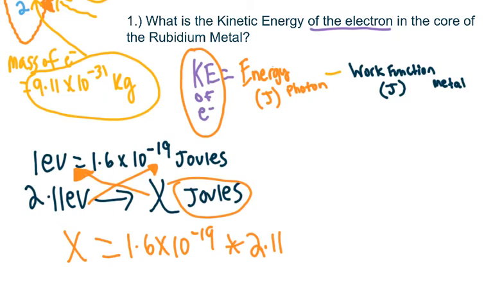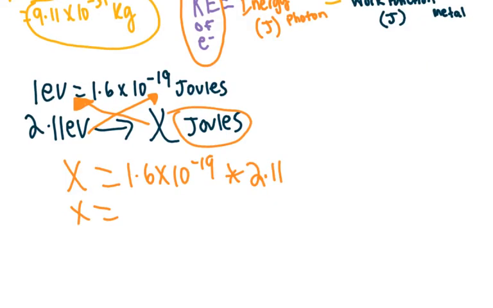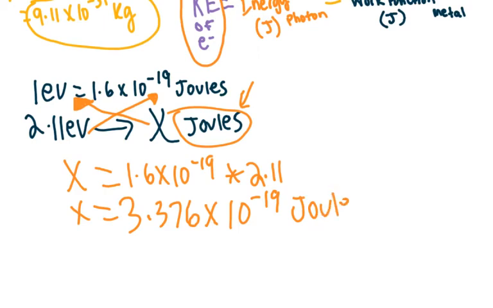And what do we get? X is about 3.376 times 10 to the negative 19th, and our units are joules. Again, we just found the work function of rubidium in joules.